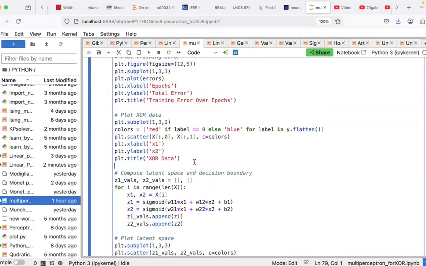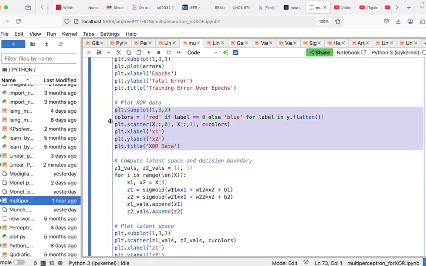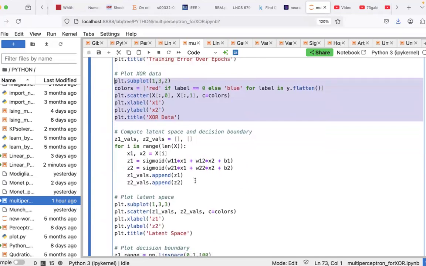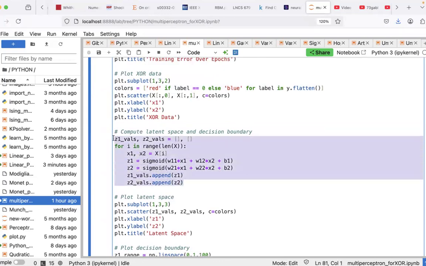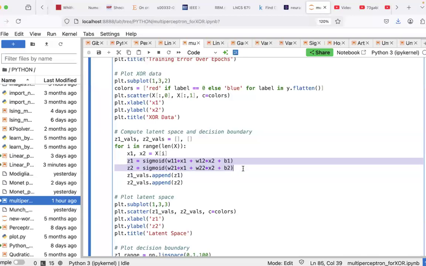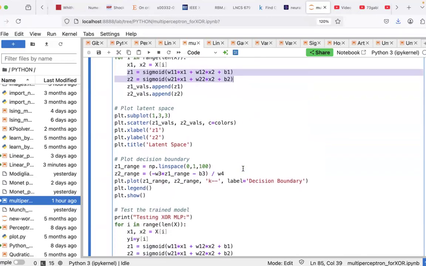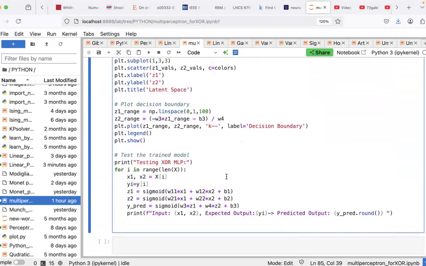And then we plot the data in the input space, x1 and x2, and we also plot the data in the latent space, which is basically the outputs z1 and z2 of the one layer of perceptrons, and also the corresponding decision boundary. Okay, and then we also test the trained model. Let's run it. Let's see what we get.